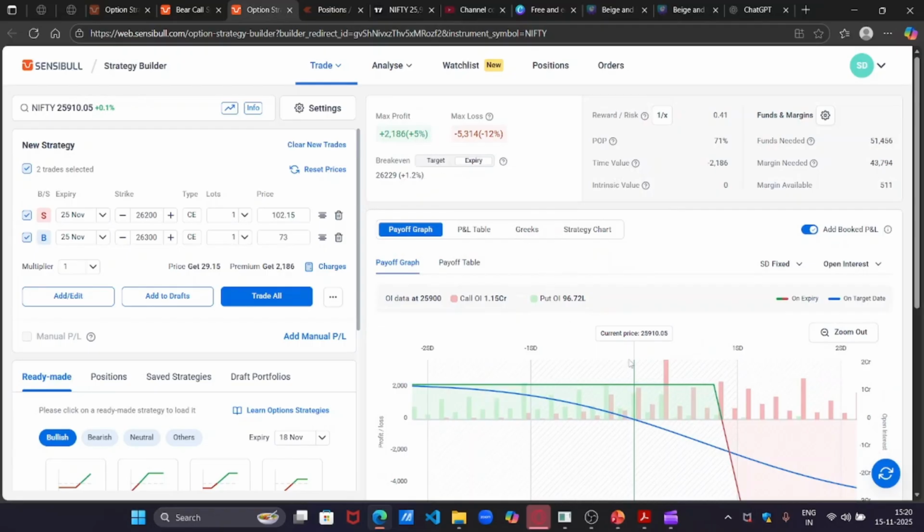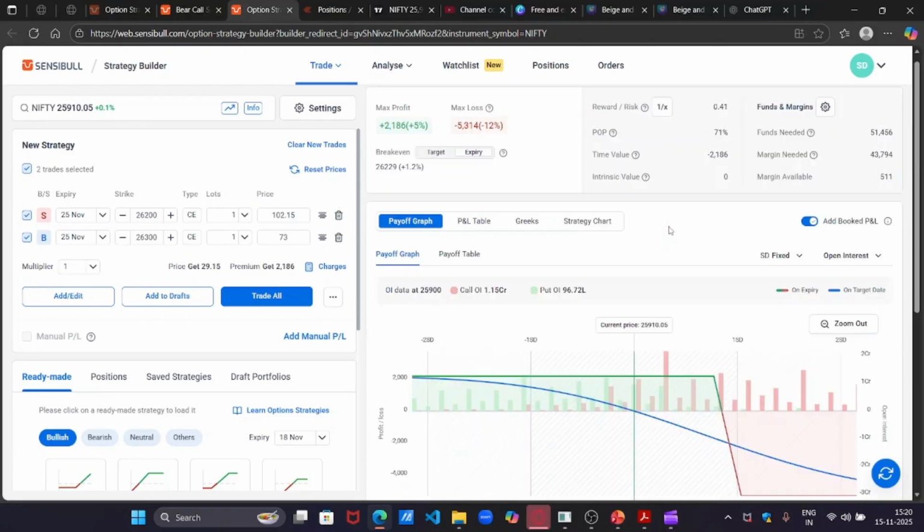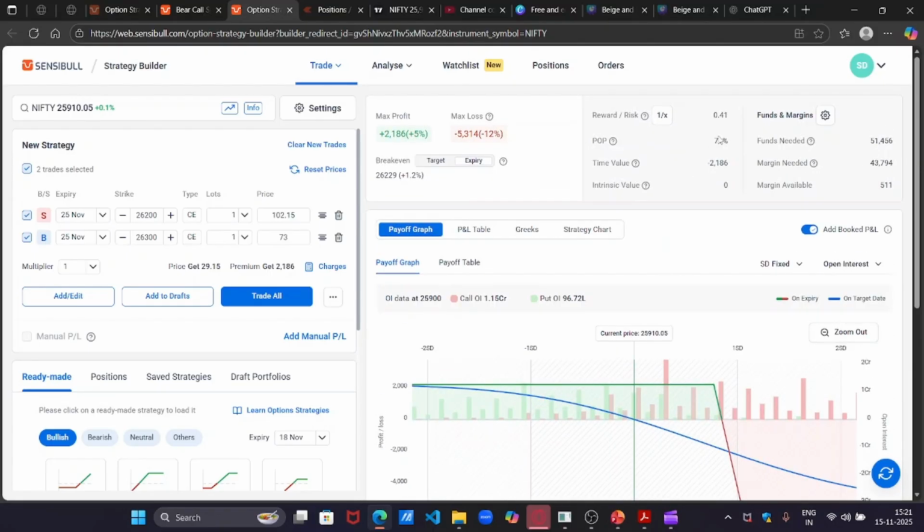If the market moves downside, the downside is already covered, but upside you're covering 200 points. Your break even is at 1.2% upside, which is a very good break even point. And probability of profit is 71%, which is very good. Risk reward ratio 0.41. So overall, this is a very good strategy.